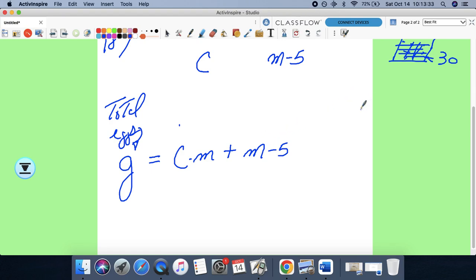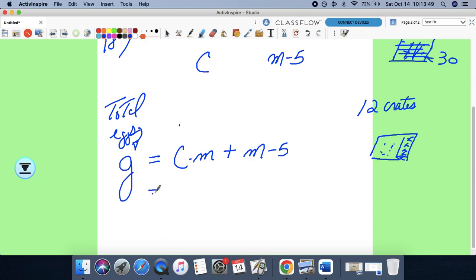So let's say the truck had 12 crates full of eggs and one crate which can carry 30 eggs, but these 5 were missing. 1, 2, 3, 4, 5.